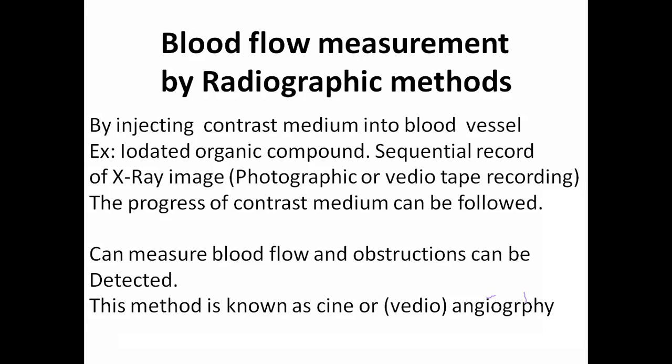But the contrast of the blood vessel can be increased by injecting an iodated organic compound. By the injection process, we inject an iodated organic compound into the blood vessel, and due to that the contrast of the blood increases.